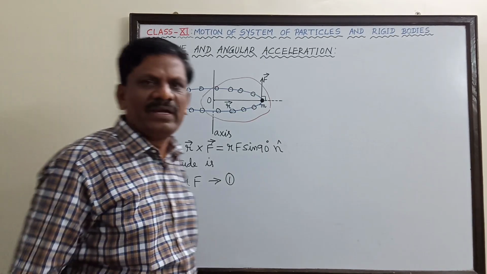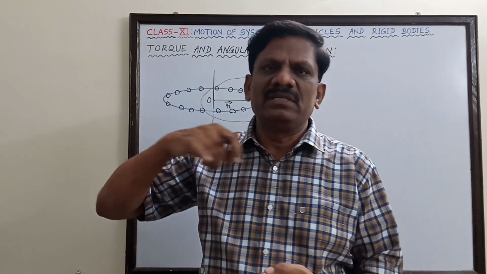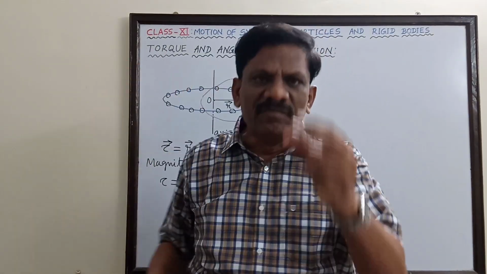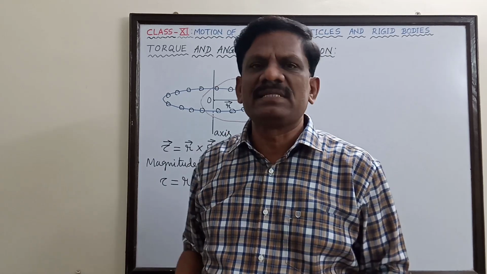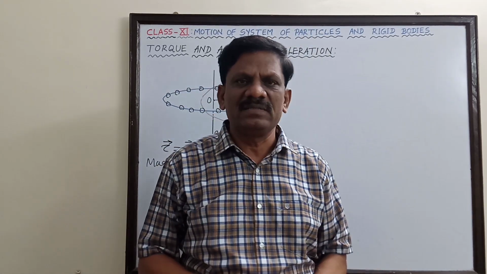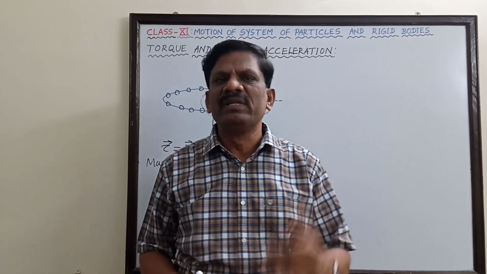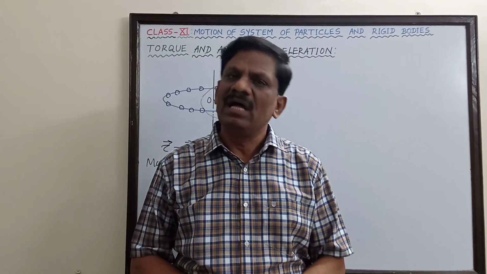Now we have already studied that in circular motion, every particle of the body possesses two accelerations: one is linear acceleration a and the other is angular acceleration alpha.